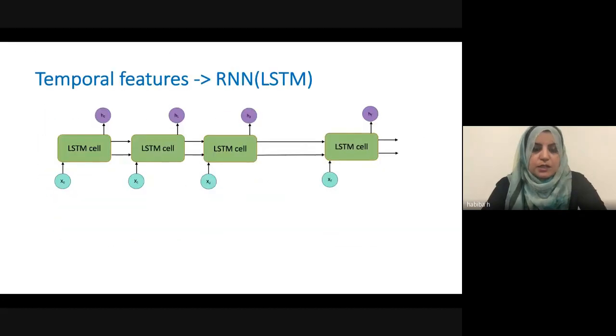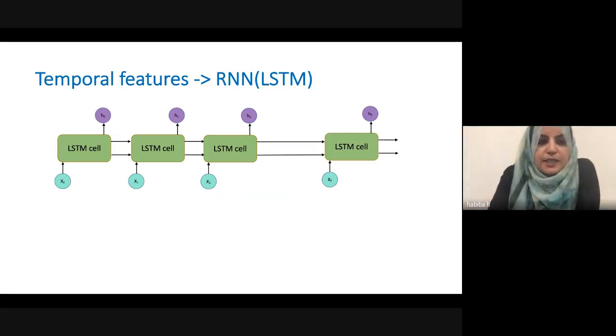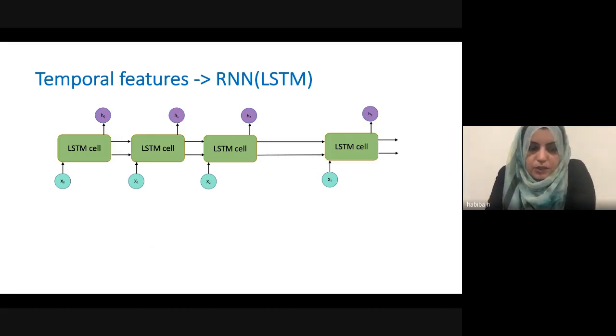So this was the way we operationalized it: for the temporal features, we use the standard RNN, recurrent neural networks, and more specifically LSTMs to train the model on. This is something standard and familiar to everyone, how you do time series forecasting using a deep learning model.